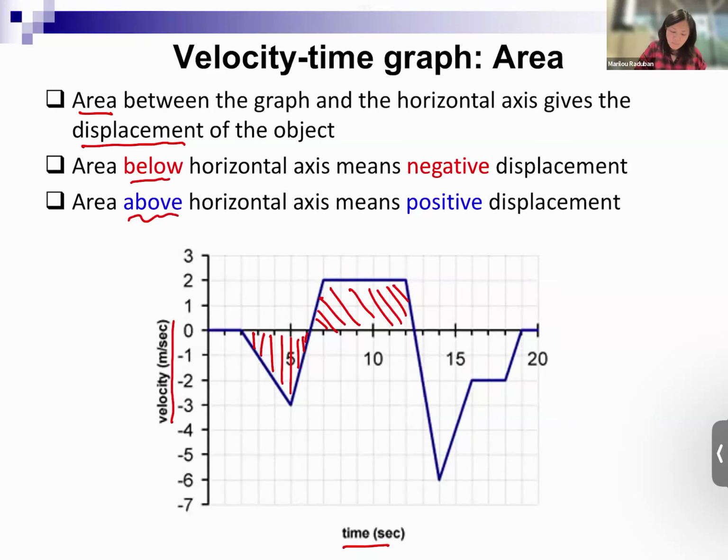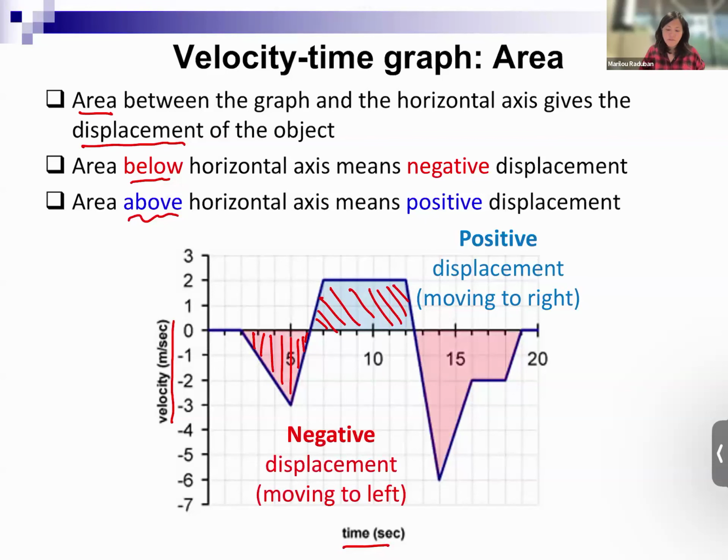Numbers above the horizontal axis are positive, therefore this area should give you a positive displacement. The positive and negative signs indicate the direction in which the object moved. So positive, as we said, means moving to the right or upwards, negative means moving to the left or downwards.